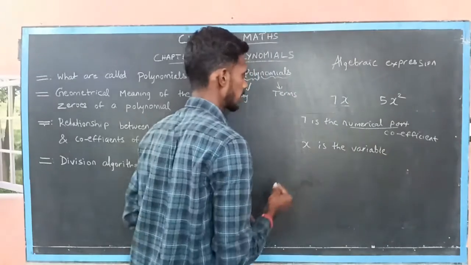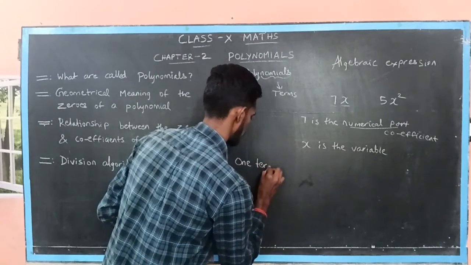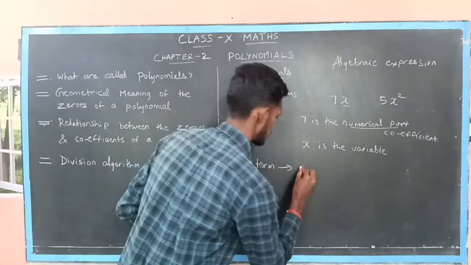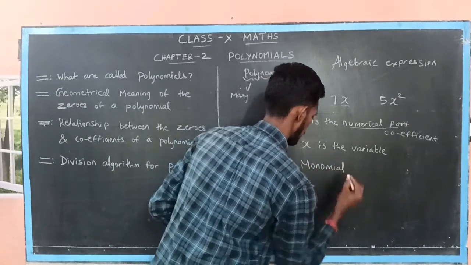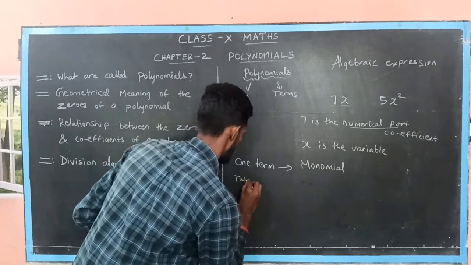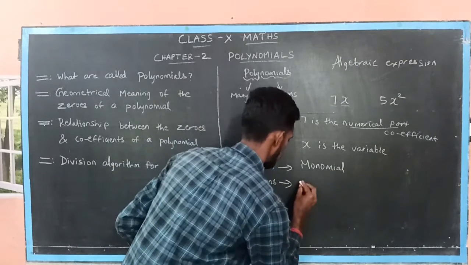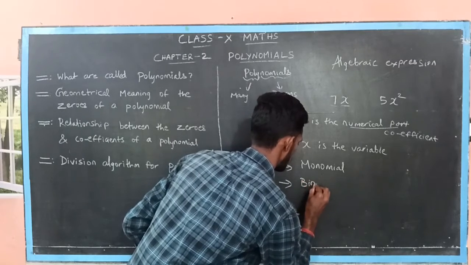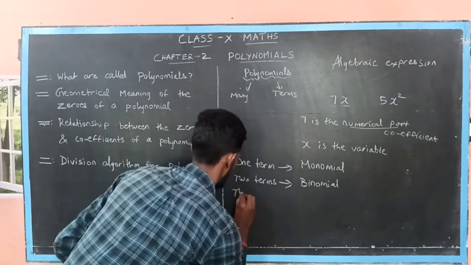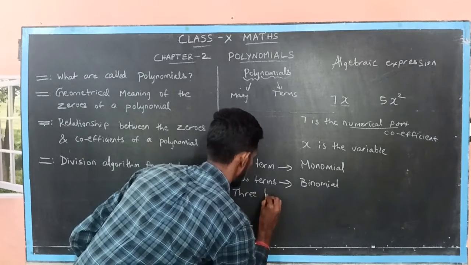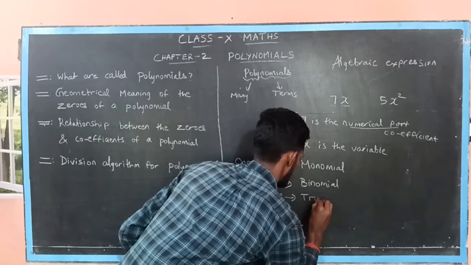Then the algebraic expression containing a single term is known as monomial. The algebraic expression containing two terms is known as binomial. The algebraic expressions containing exactly three terms are known as trinomial.